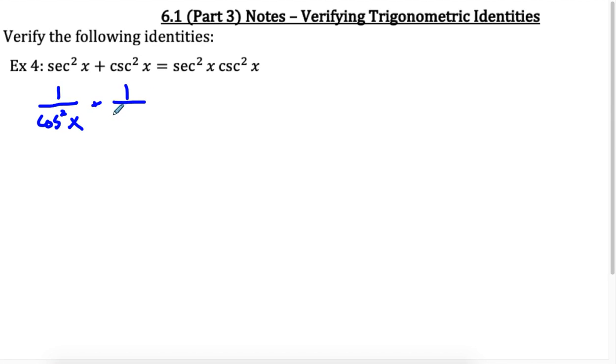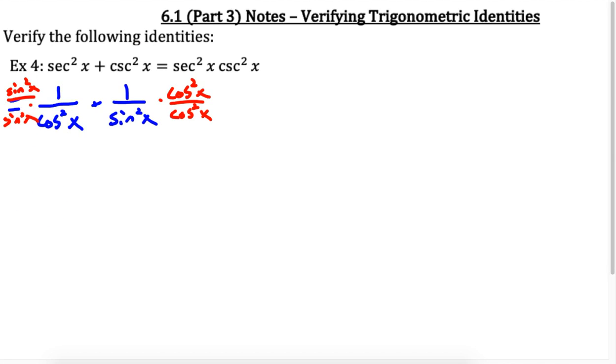Then cosecant would be 1 over sine. Well, let's get common denominators and add these together. So I would need to multiply this one by cosine squared over cosine squared, we can only multiply by 1. Then here, I would need to multiply by sine squared over sine squared.